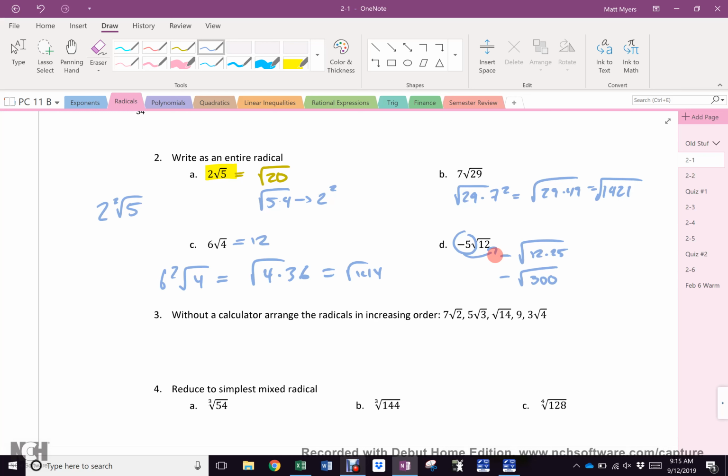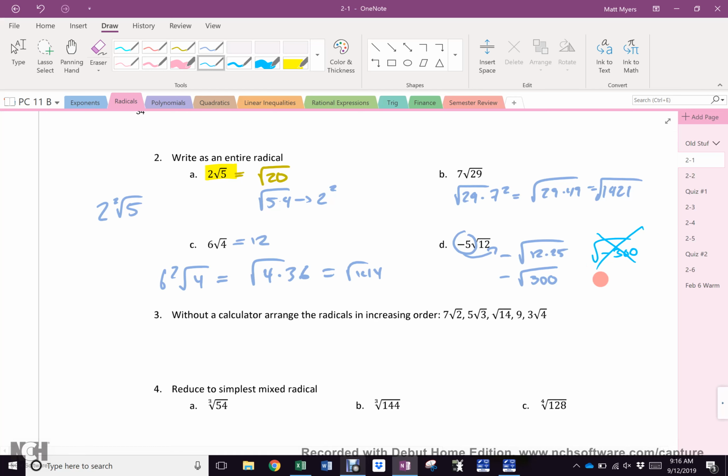Everybody understand why? Some kids say that it's the root of negative 300. Does that exist? No, why not? You can't have a square root of a negative number. It doesn't exist. It's an imaginary number. So it can't be that.